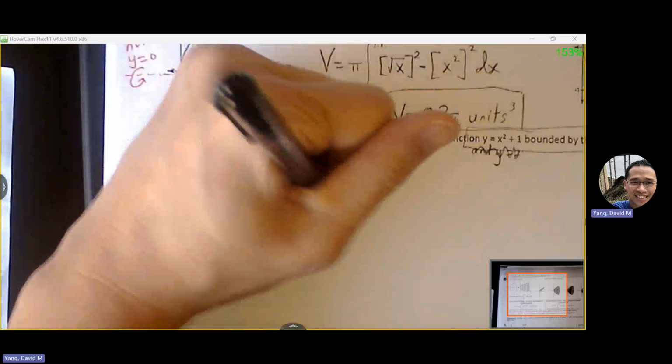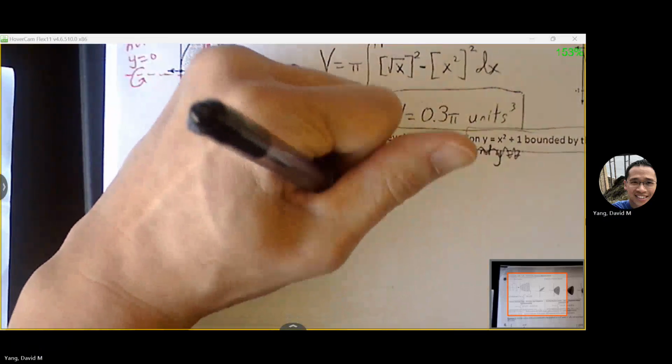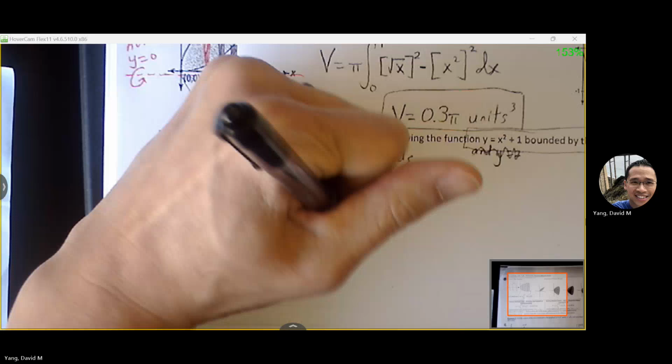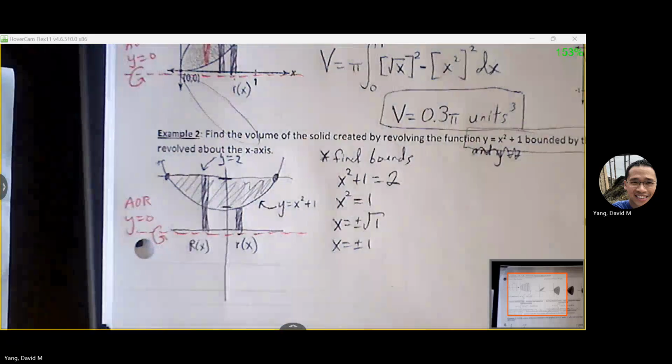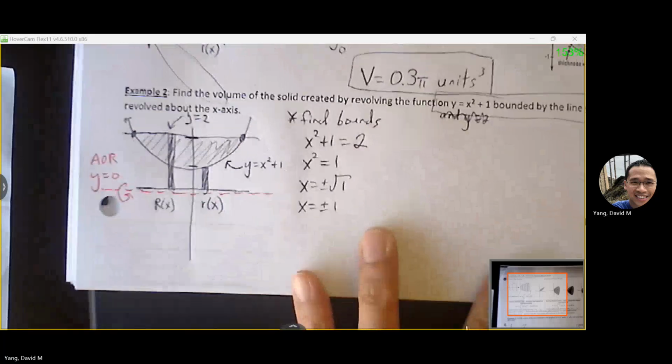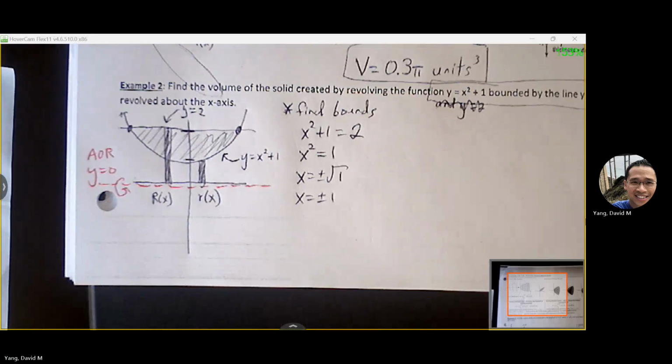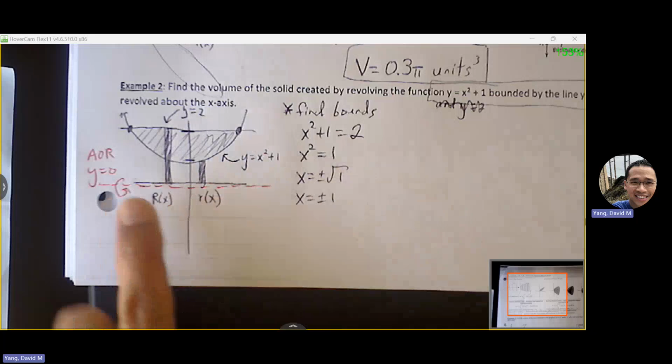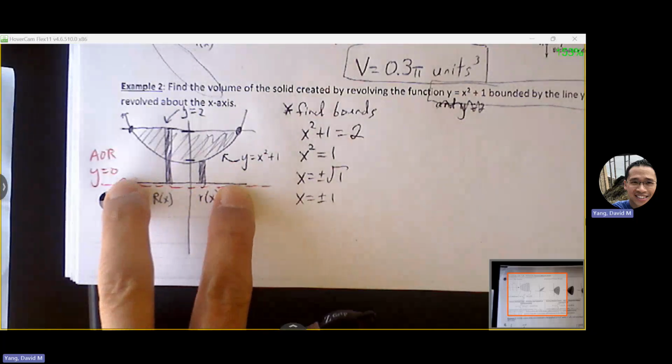Take the square root. Right, so we have left bound is -1, right bound is 1.